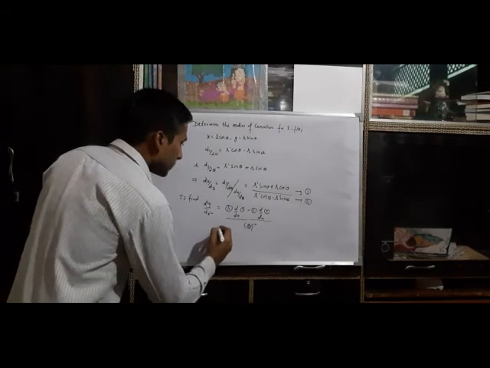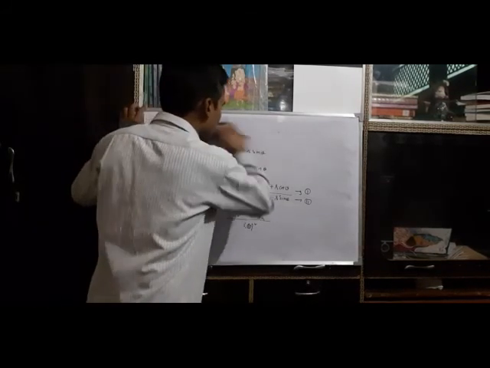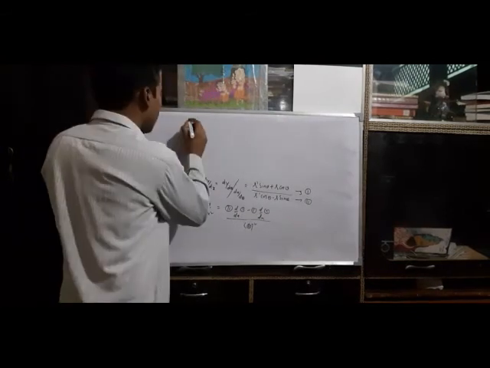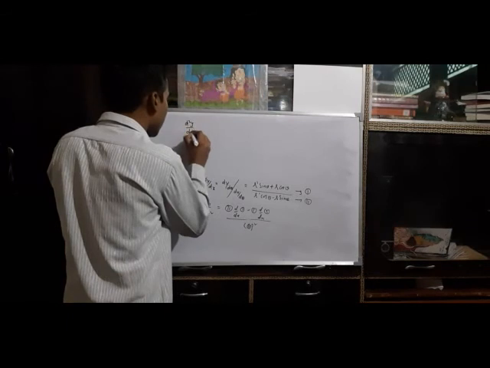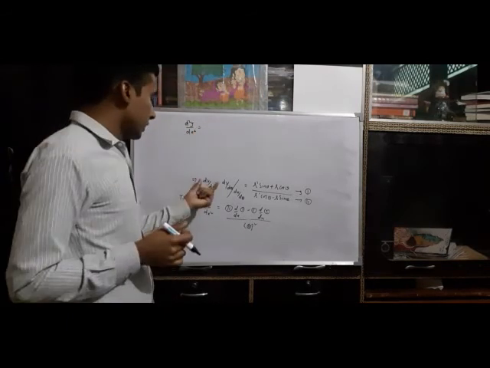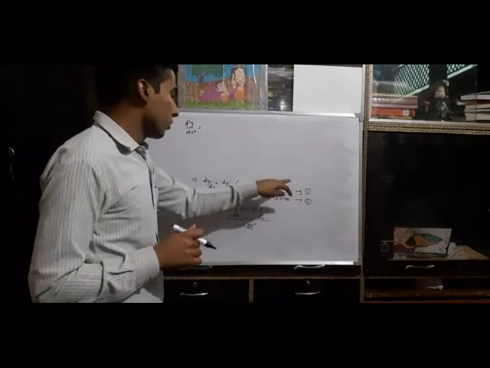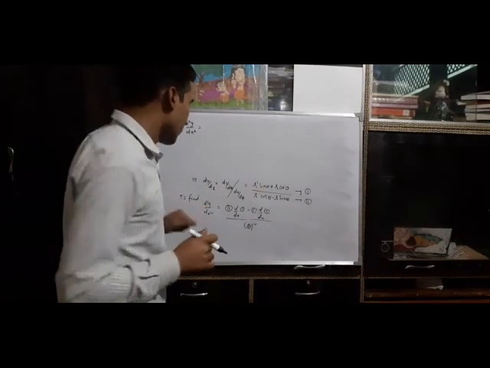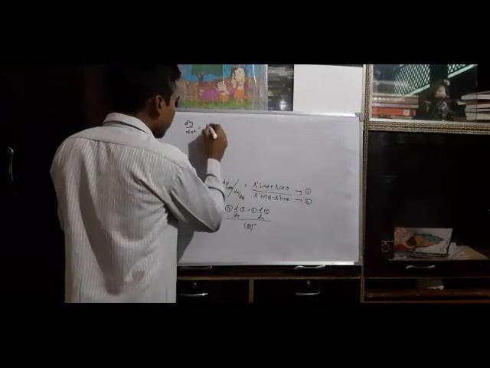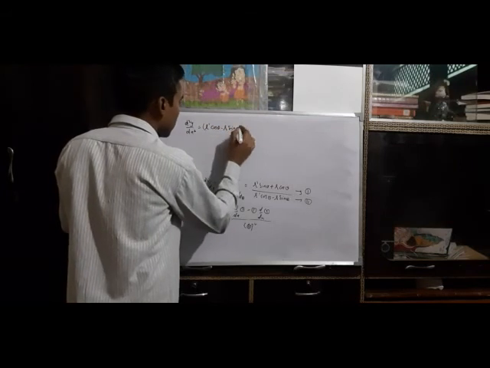So using this we can rewrite d square y upon dx square. We are differentiating this with respect to x, and the function depends on r and theta. So we use r prime cos theta minus r sin theta, the second one as it is.